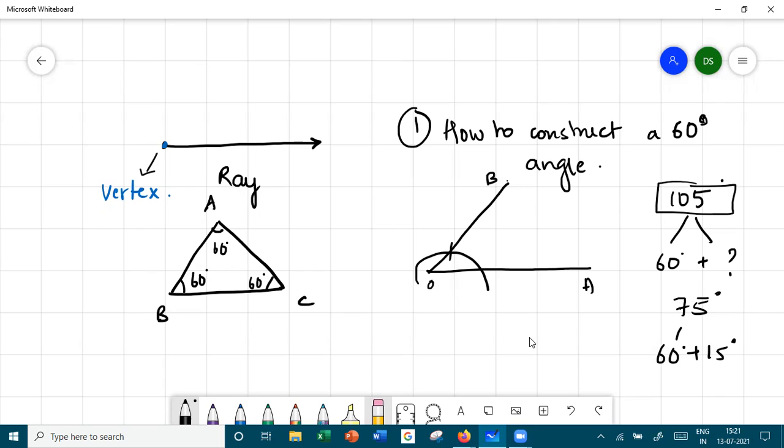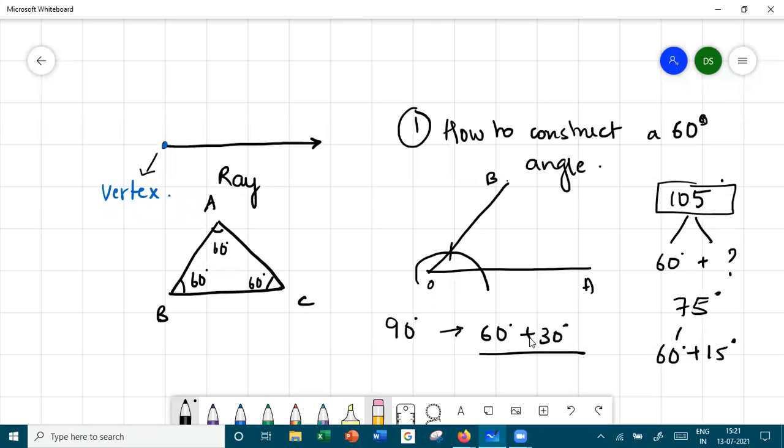So this is what I'm talking about. As you keep doing the chapter and get more questions about different angle constructions, you might get familiar with it. But this has to click that 75 would be 60 plus 15 degree, or take the example of 90. 90 is nothing but 60 plus 30 degree, right?